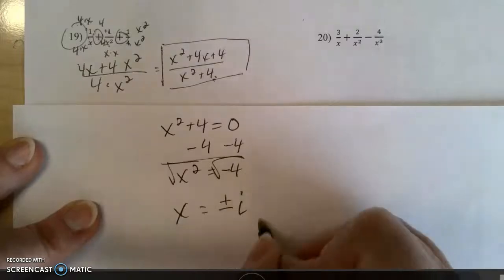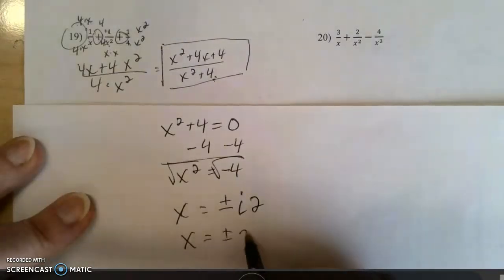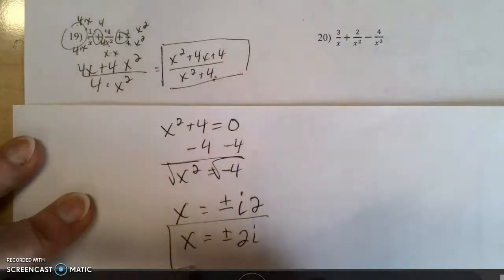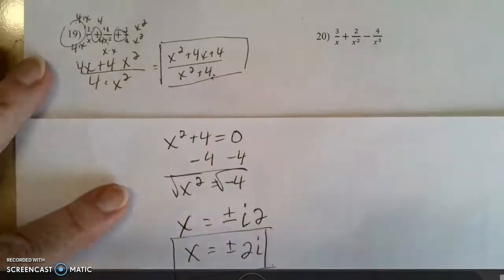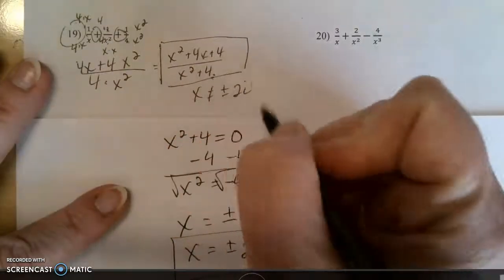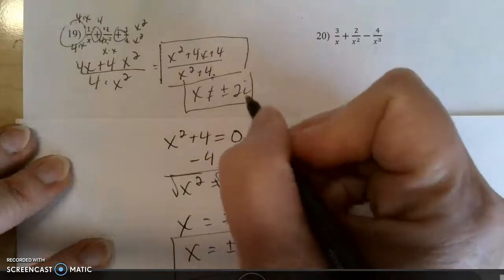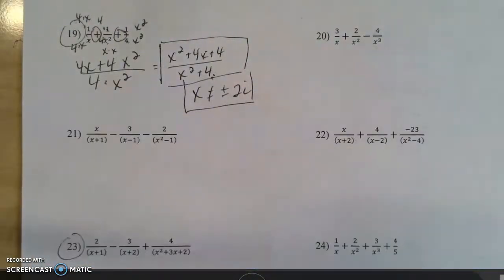And then square root of 4 is 2. Most of the time you see it written like that. So that would be my excluded value. X cannot equal a plus or minus 2i. This is an imaginary number, so it's probably not one I would have to worry about.